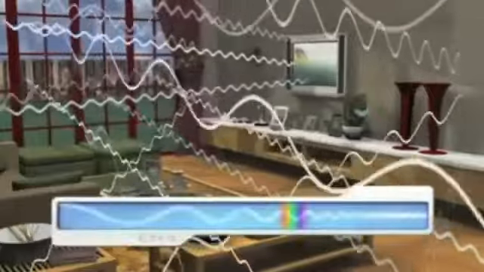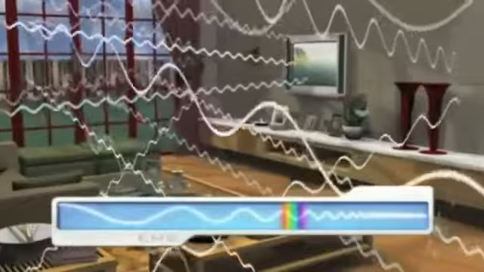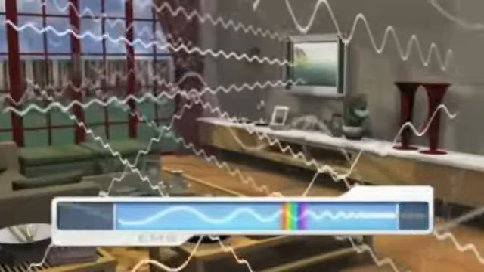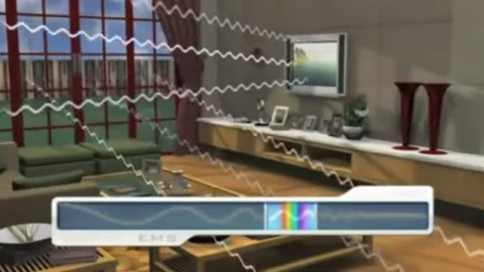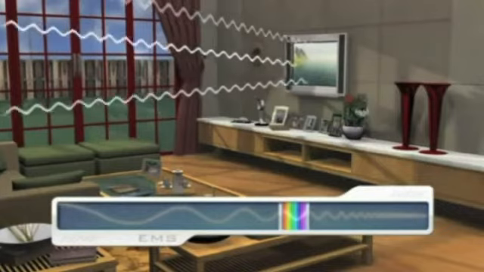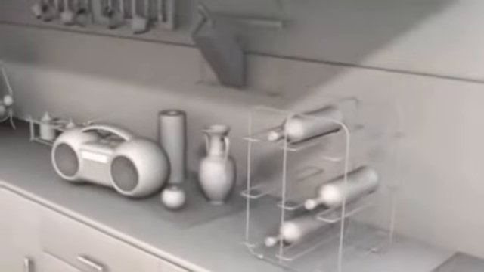With all these waves around you, how can you possibly watch your TV show? Similar to tuning a radio to a specific radio station, our eyes are tuned to a specific region of the EM spectrum and can detect energy with wavelengths from 400 to 700 nanometers, the visible light region of the spectrum. Objects appear to have color because EM waves interact with their molecules.